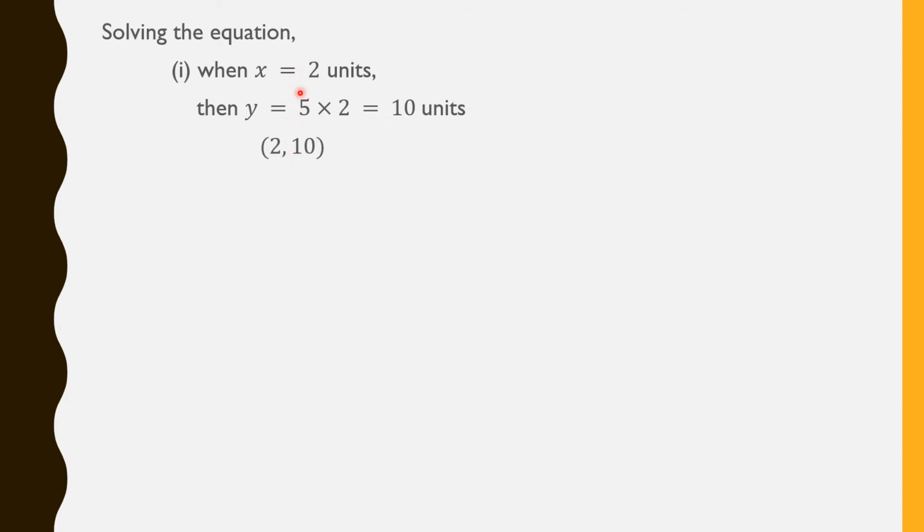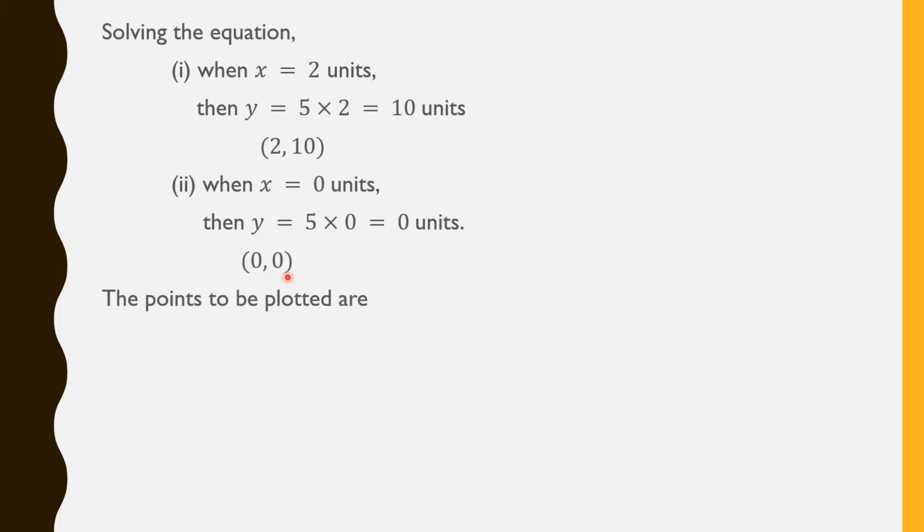That is when the value of x is 2 and the value of y is 10 in y equals 5x. Next, when x is 0, which gives y equals 5 into 0, which is equal to 0. That means our next coordinate is (0, 0). Therefore, the points to be plotted are (2, 10) and (0, 0).